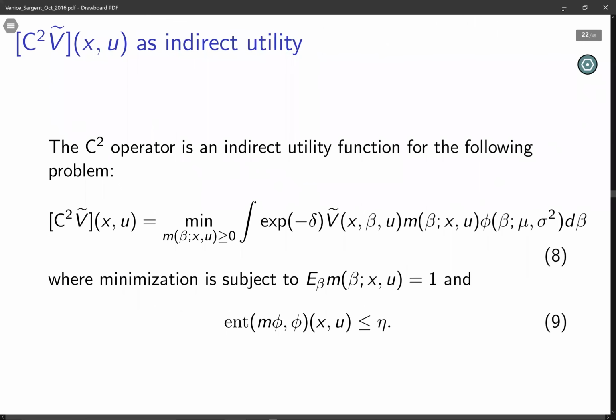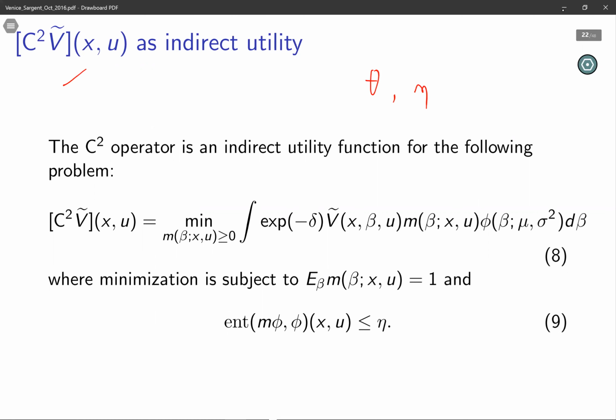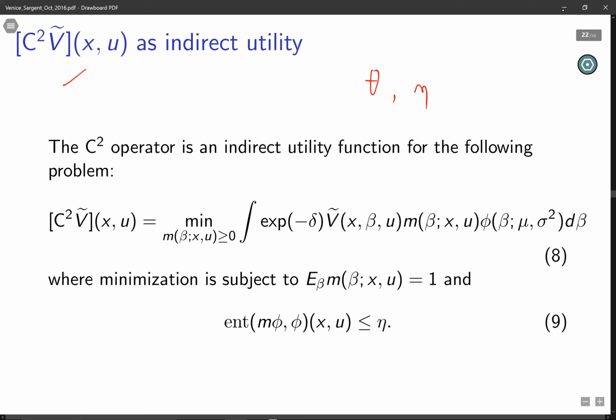Okay, so now a question you could ask is, why fix theta? Why not fix entropy? Well, that's what the C2 operator does. The C2 operator fixes entropy, and it solves this problem, which looks a lot like the other problem. It's a minimization problem. It's just minimizing expected utility. It's choosing a worst case distribution, a likelihood ratio, a distortion, subject to the entropy being less than this number eta.